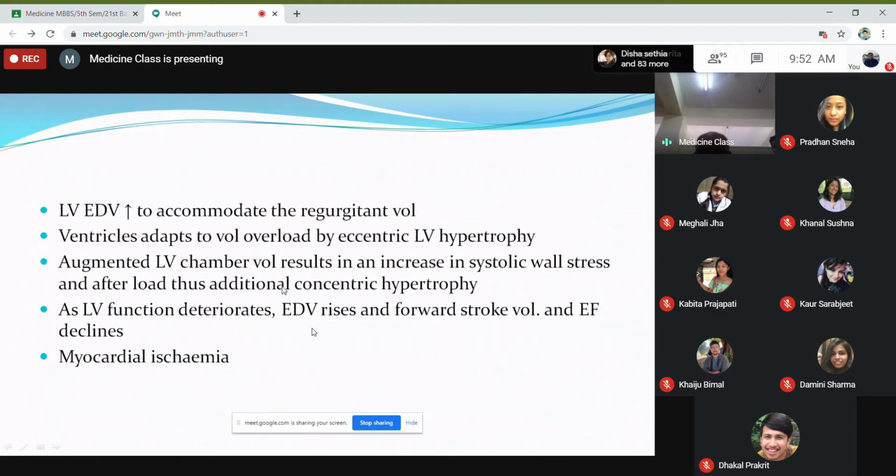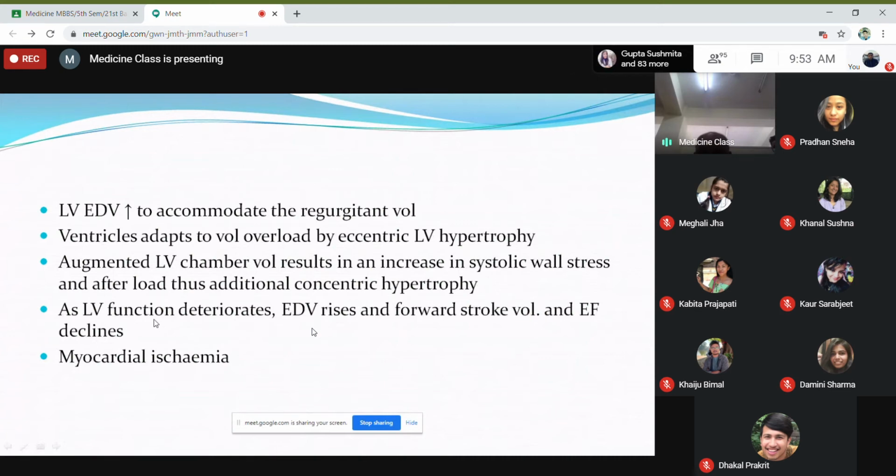The increase in LV chamber volume leads to an increase in the systolic wall stress and causes a concentric kind of hypertrophy as well. But as the left ventricle function deteriorates, the end-diastolic volume will rise, and the stroke volume or ejection fraction will gradually decrease, and the patient may develop mild ischemia also because of aortic regurgitation.